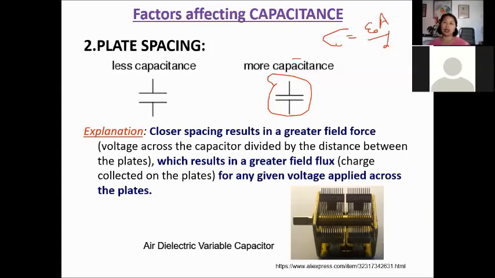So you can see that C relates to distance inversely. So if the distance is big, that would give us small C. If the distance is small, that would give us big C. So, closer spacing results in a greater field force, which results in a greater field flux for any given voltage applied across the plates.